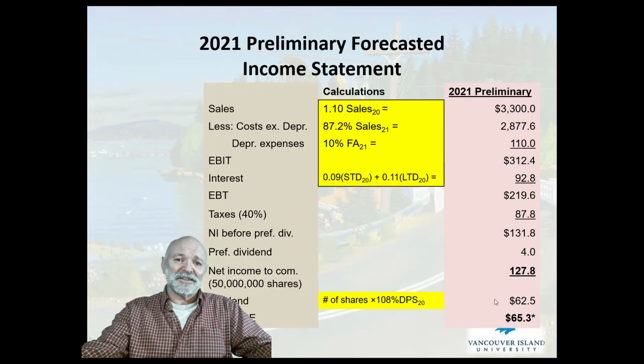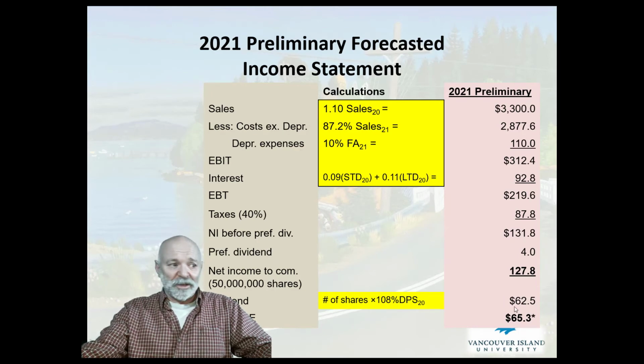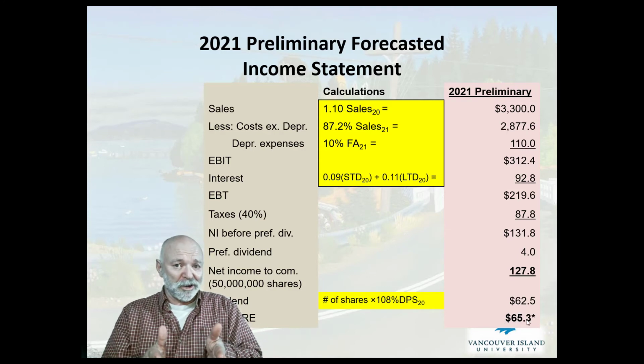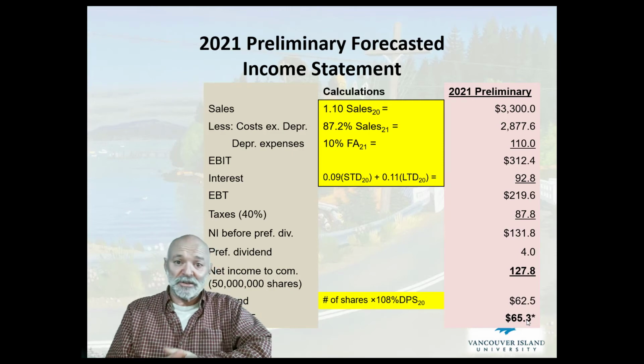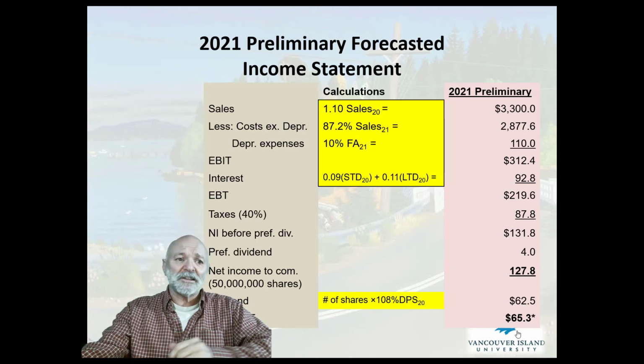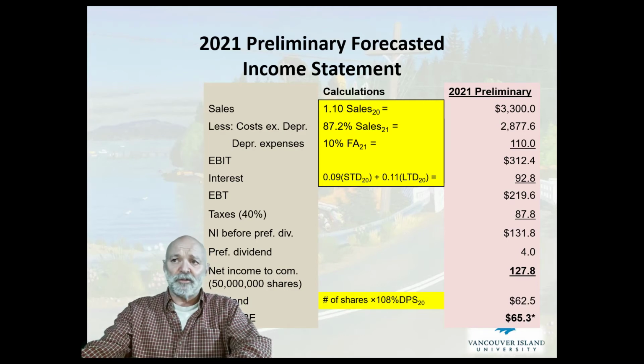And that gives us $62.5 million that has to be paid out to our common shareholders, which leaves us with a total that we can add to our retained earnings of $65.3 million. That's an important number because that can also be used to fund the additional assets that are required to grow the business. So that's going to be a number we're going to carry forward.